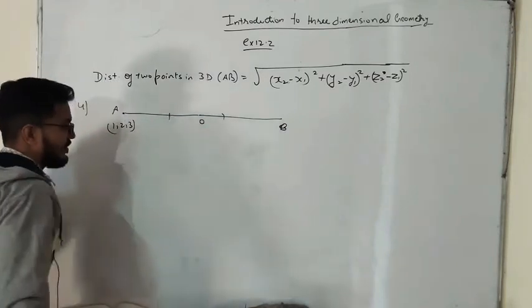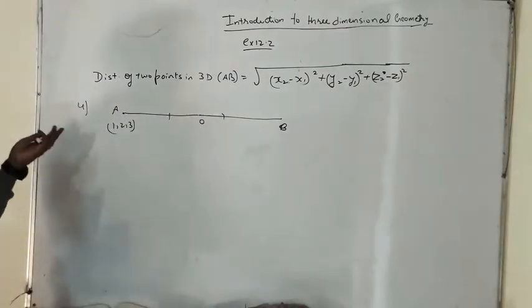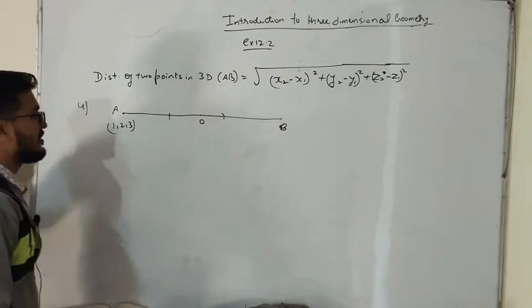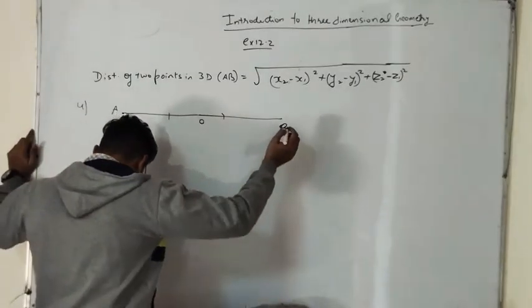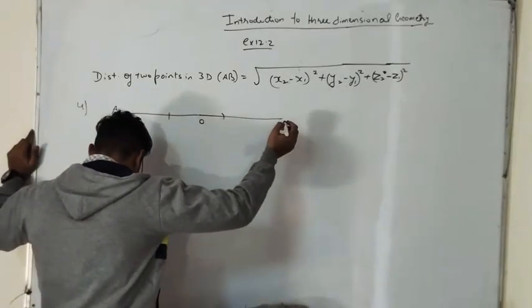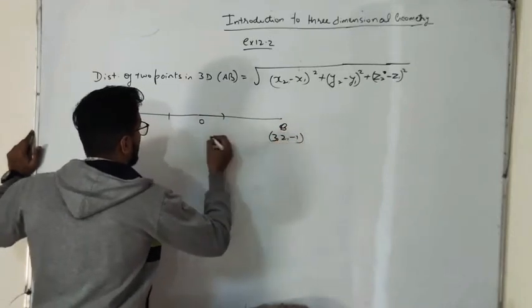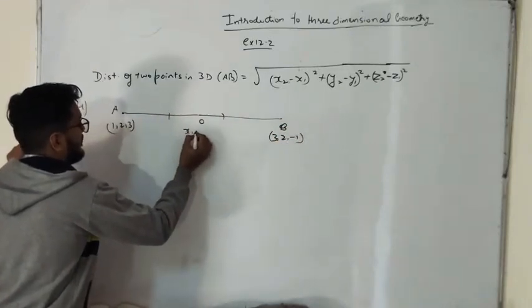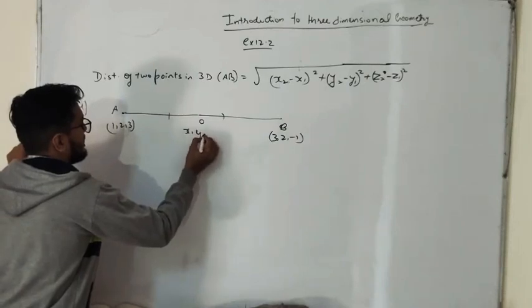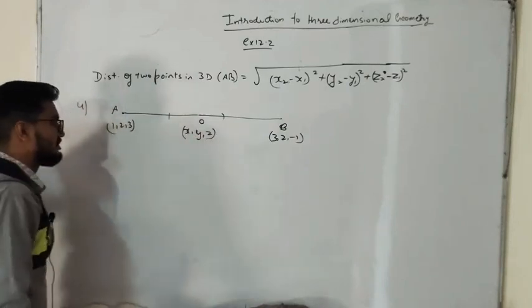That means this distance is equal to this distance. It may be in a straight line or maybe in a triangular shape. So the coordinate of B is 3 comma 2 comma minus 1. Let the coordinate of O be x comma y comma z, right?